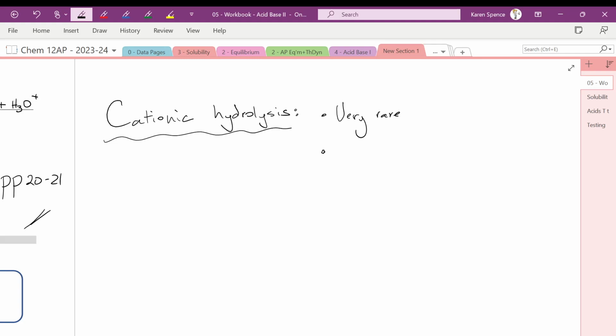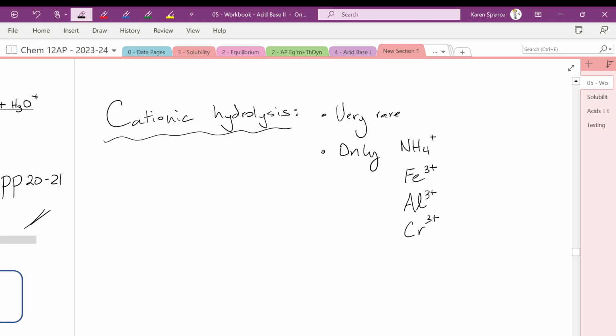Only NH4 plus. Fe3 plus. Yes? The other hexaaqua ones. Al3 plus. And Cr3 plus.